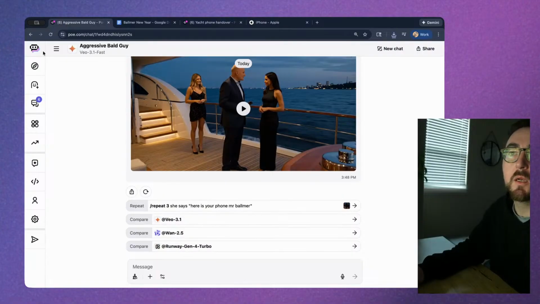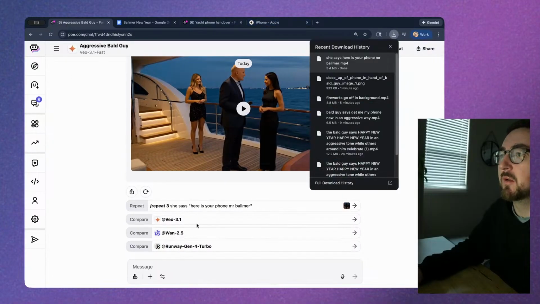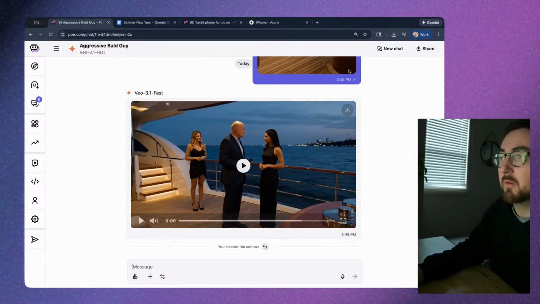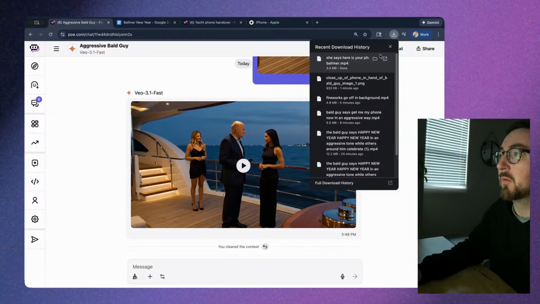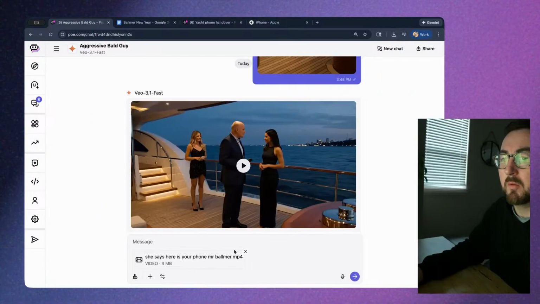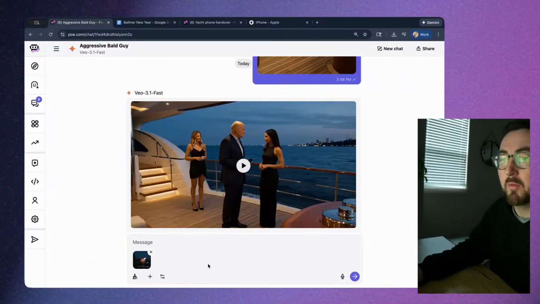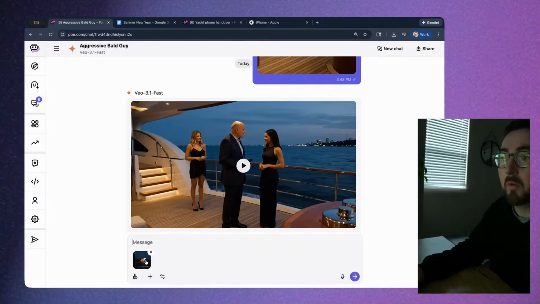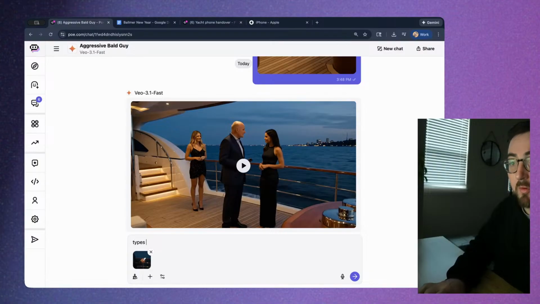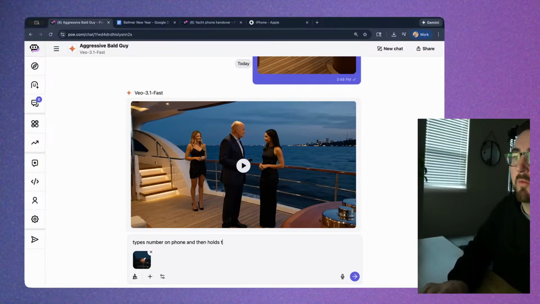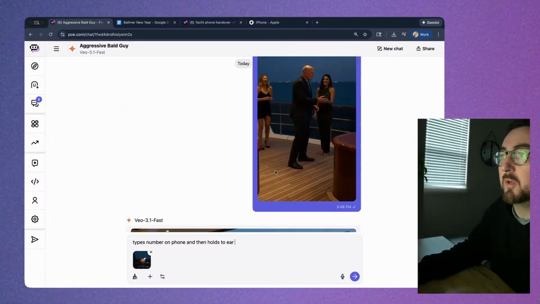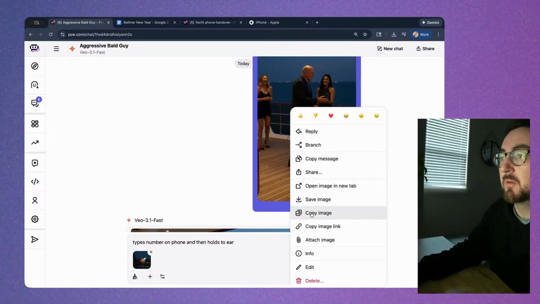And did I save the image? Yeah. Nope. Can you give it 2 images?